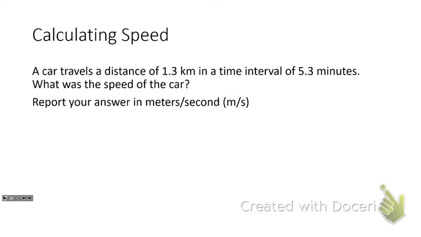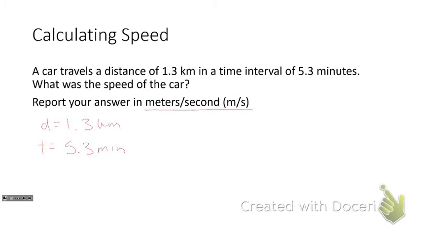So sometimes you're going to be given units, and you just need to be aware of your units, okay? So a car travels a distance of 1.3 kilometers, so our distance is 1.3 kilometers, and a time interval of 5.3 minutes. What was the speed of the car? And we want it in meters per second.